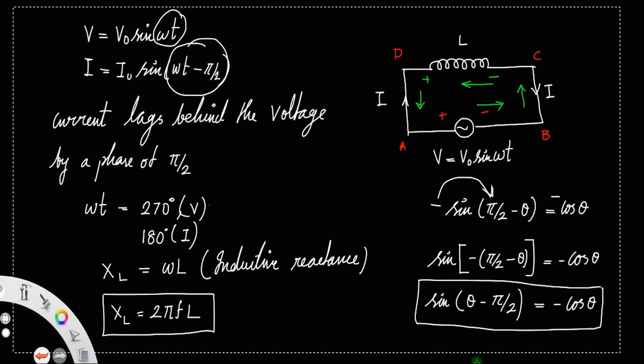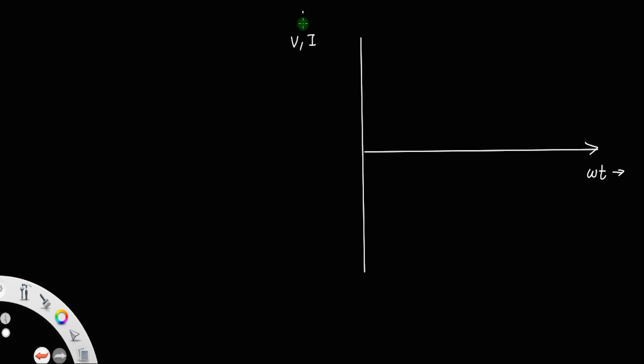Let's represent the x-axis with the phase omega t, and let's represent voltage and current on the same axis. Let this be the peak value of voltage V0, and let's write I0 the peak value of current.